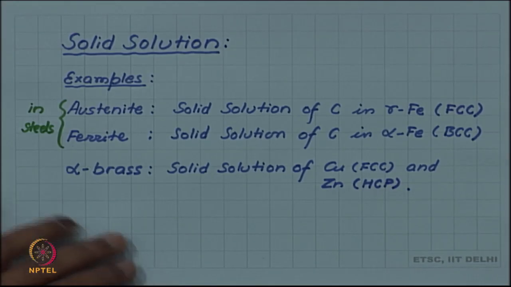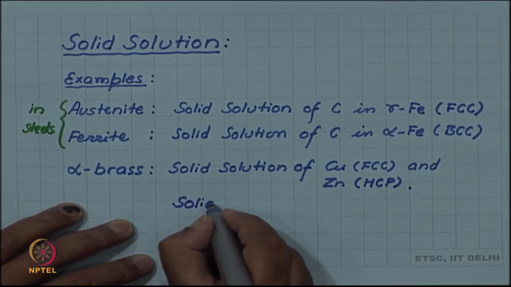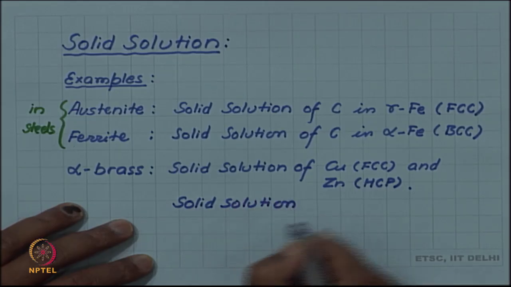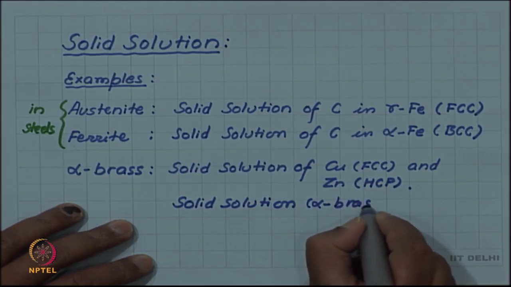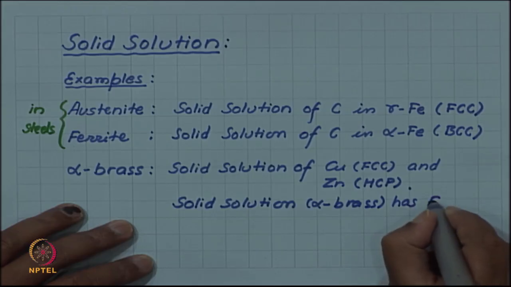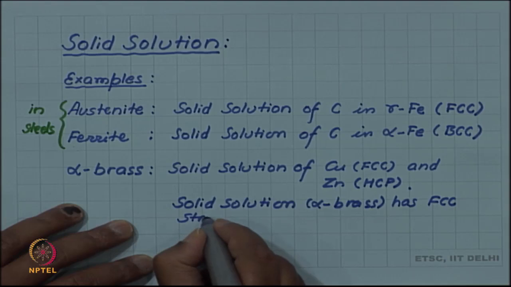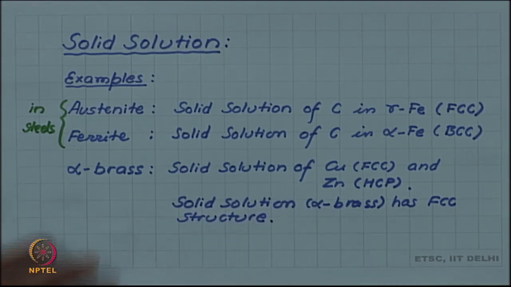So, what is the structure of the solid solution? The solid solution, that is the alpha brass, has FCC structure.